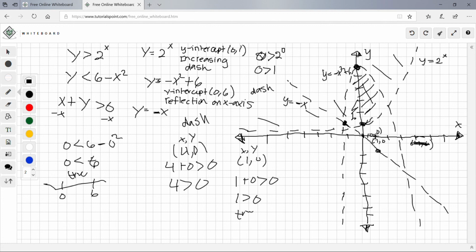So remember, it's the region that satisfies all of them, so it's going to be this part. It's not going to be from here to here, because it has to satisfy all the inequalities, so it has to be here.